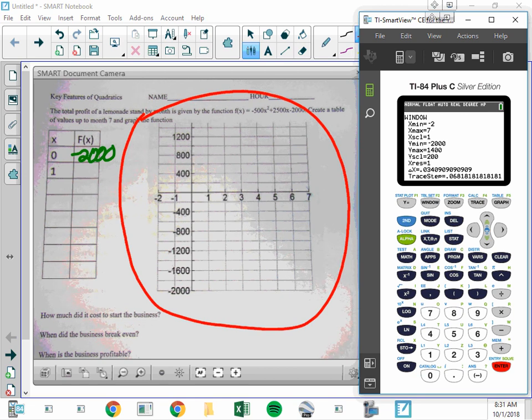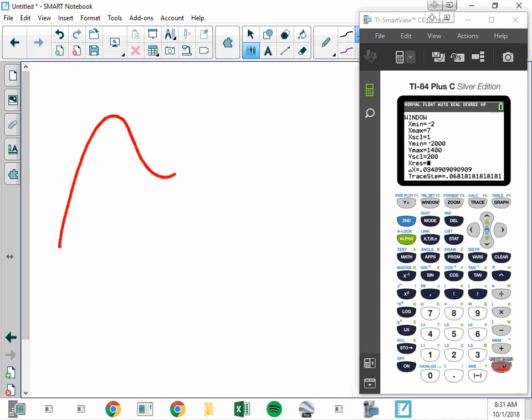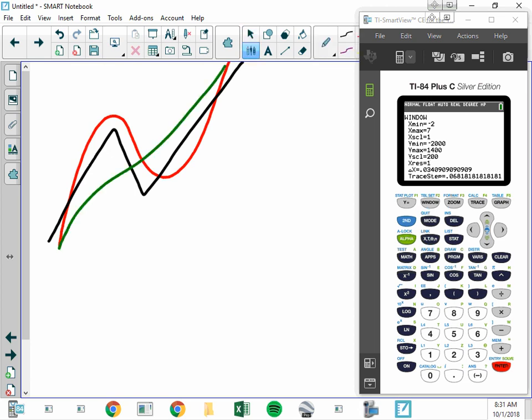So if you have a really simple graph, like this, some kind of x to the third graph, and you ask it to graph at speed 5, well, if you did speed 3, it might look like this. If you did speed 5, it might look like that.